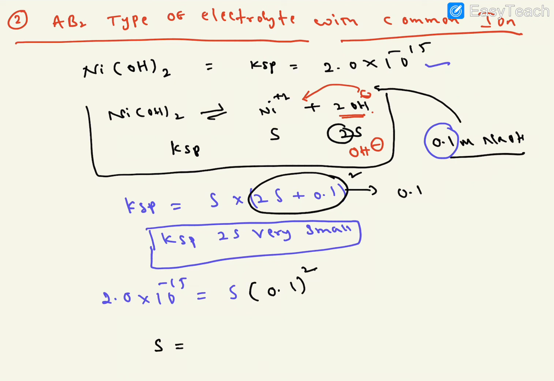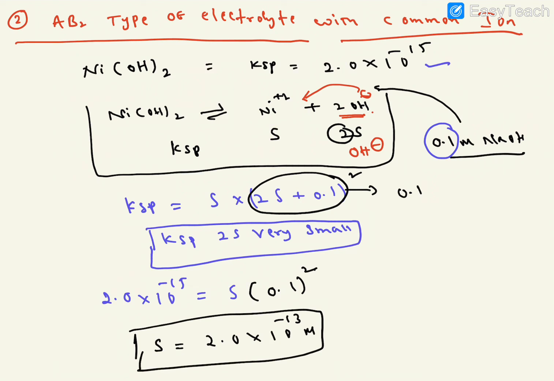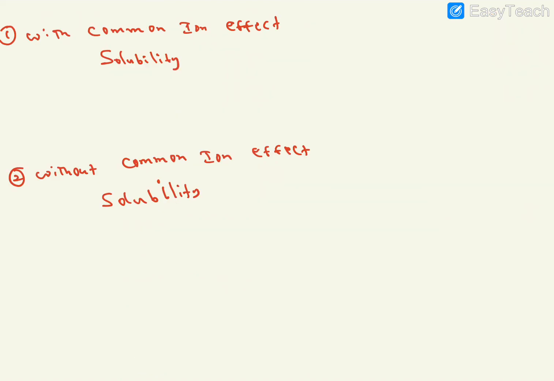So what is the solubility here? The solubility is directly 2.0 into 10 to the power of minus 13 molarity. This is the solubility with the common ion. I hope it is clear.